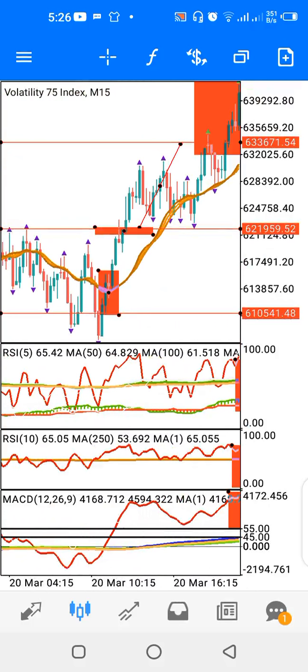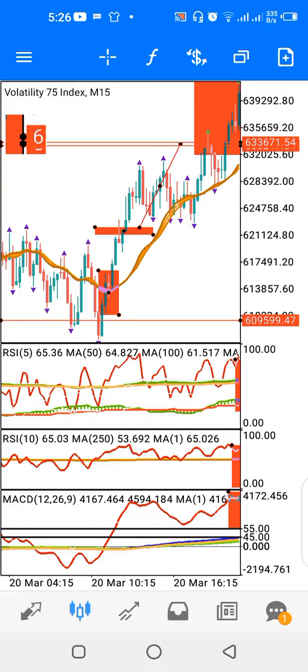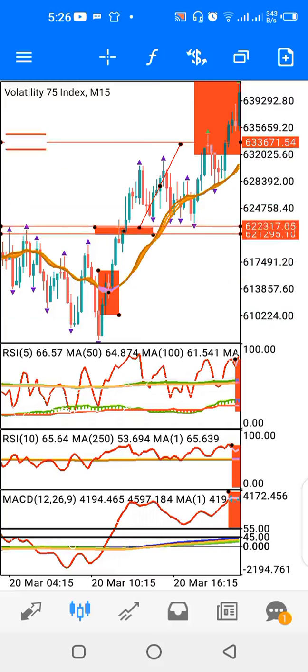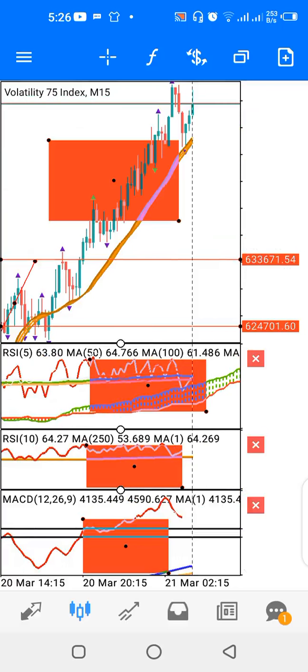But you can always trail your profit. You can shift your stop loss. If you enter this trade around here, which is your entry, and your price moves up to the take profit level, you can remove the TP and trail the stop loss by moving it to protect your trade and your account.